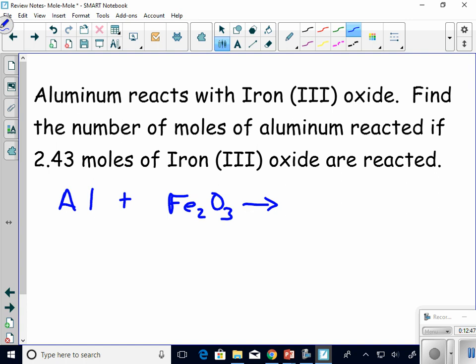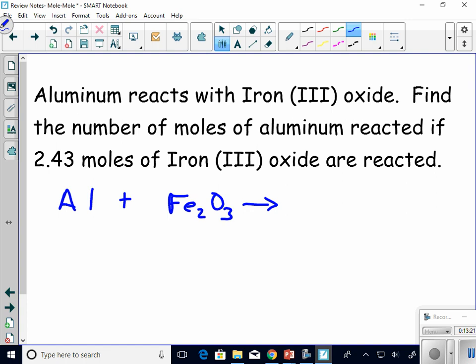Now, I need to determine whether this reaction will occur. So what do I need to do? I need to check my activity series. Will aluminum replace iron on my activity series? Is aluminum more active than iron? I would bet if I were guessing, I would say yes, because Mr. Braun's not going to put an example on here that doesn't happen.